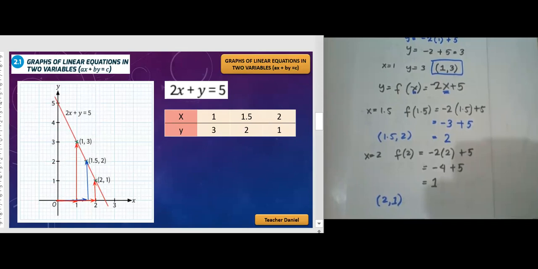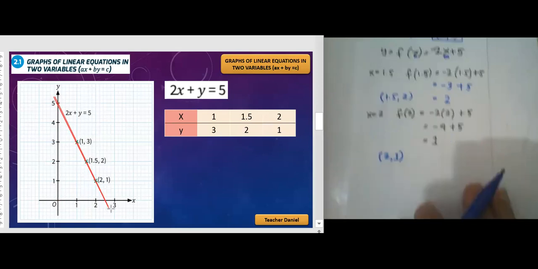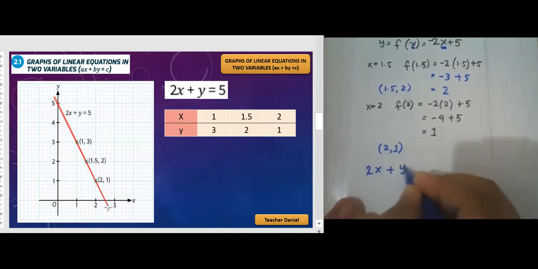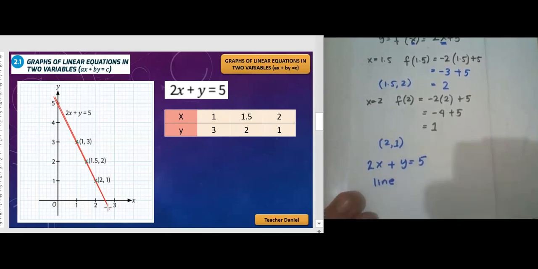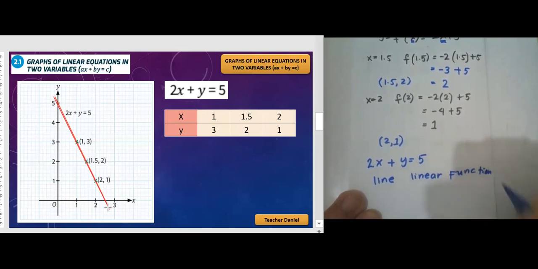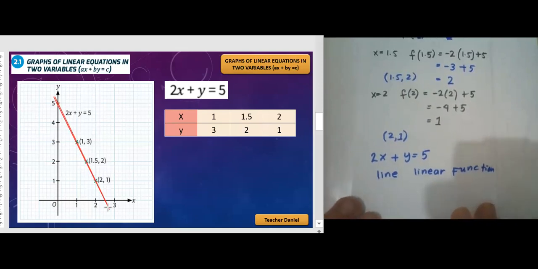After that, what you need to do is draw the line. So as we can see, the graph of 2x + y = 5 is a line. That's why this is called a linear function: it is a function that will give you a graph which is a line.